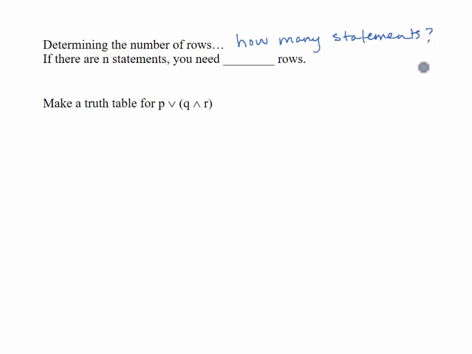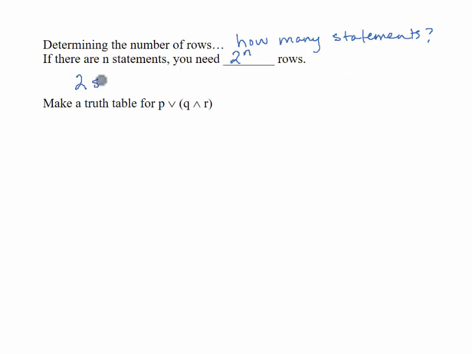Do we just have statements A and B, two statements? Do we have three statements, P, Q, and R? If we have n statements, here's how you figure it out. You need 2 to the power of n rows.